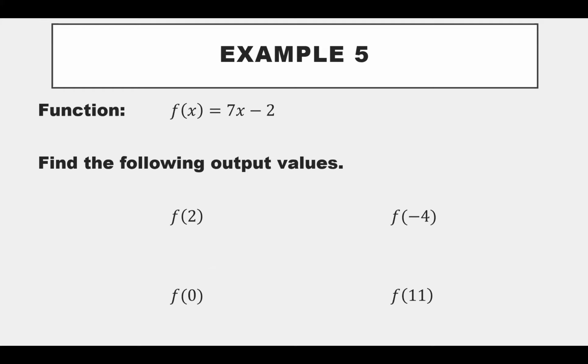Let's take the function f of x is equal to 7x minus 2, and we'll find the output values f of 2, f of negative 4, f of 0, and f of 11.